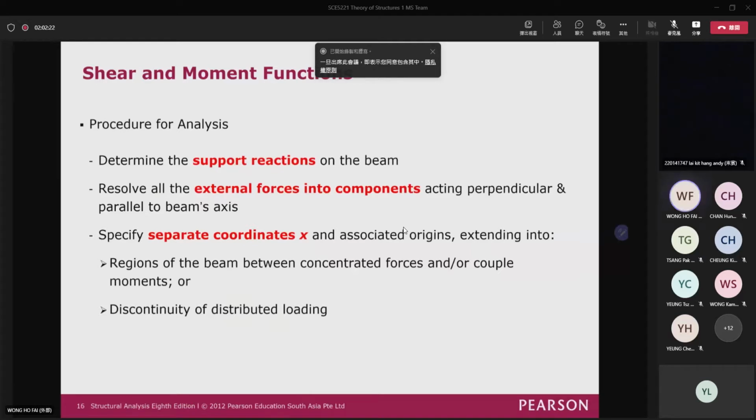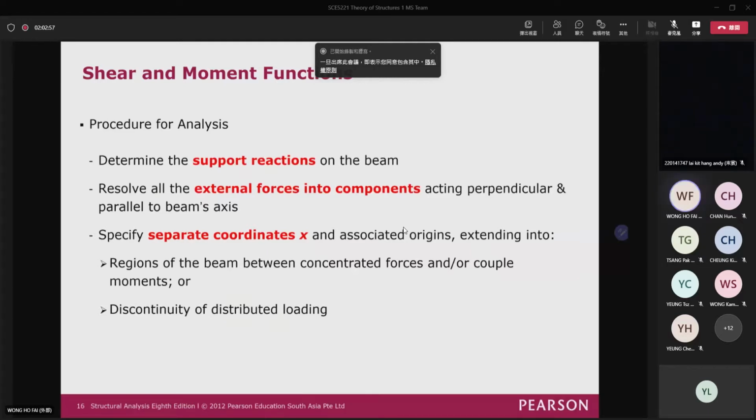To find the functions for the shear and the moment, first of all, again, we need to find the support reactions. Then we need to resolve all the external forces into components. Say if we have an inclined force, we need to resolve it into horizontal and vertical components. Again, we need to separate the coordinates using different origins, and distinguish the discontinuity of different functions.